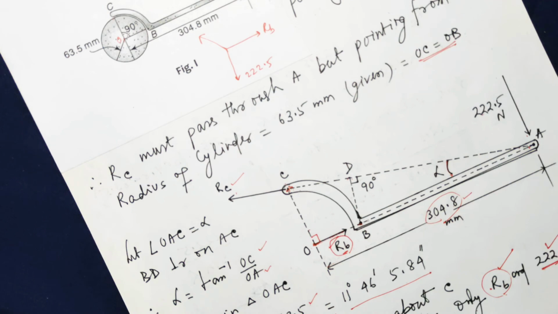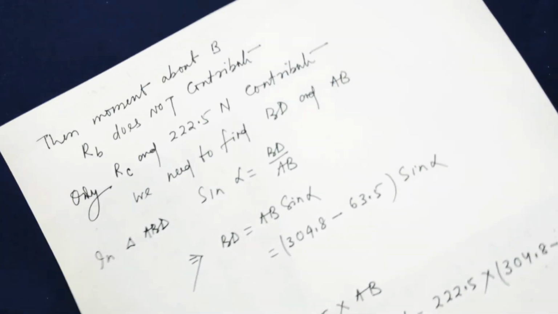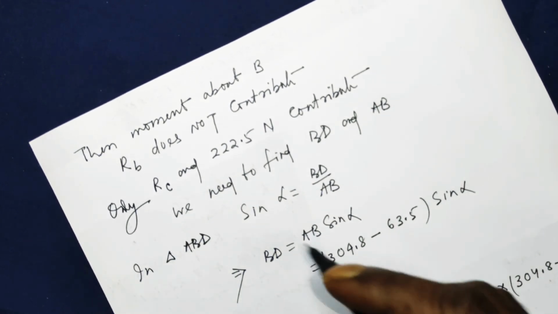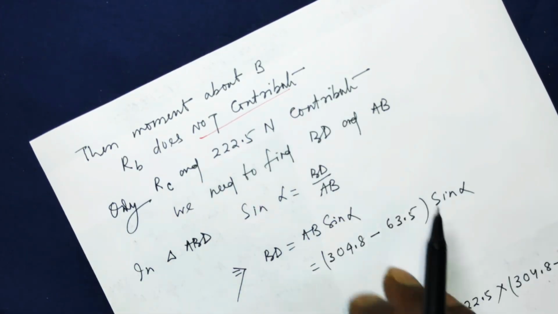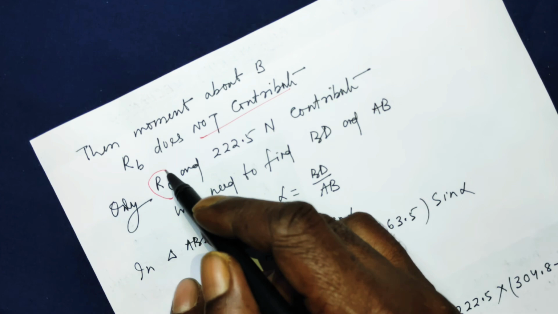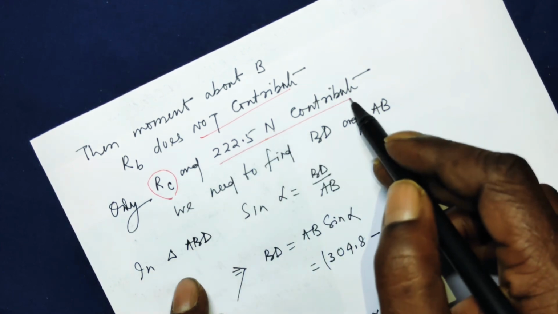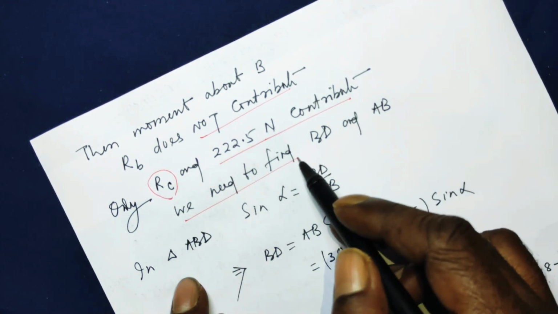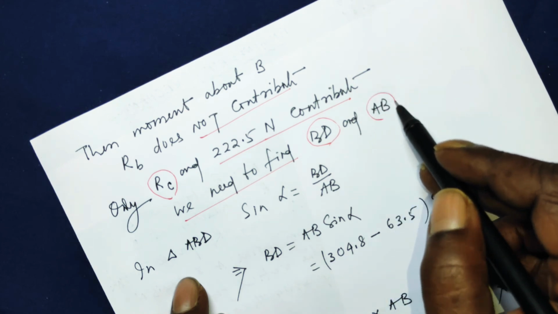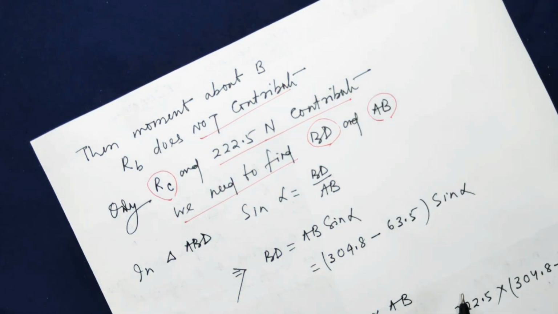So the other two forces, they provide the turning effect. So that is what I am explaining. So RB does not contribute to the turning effect. Only RC and this Newton, they contribute. So we need to find out BD and AB, right?